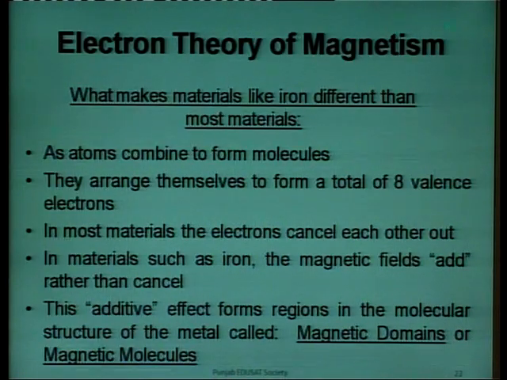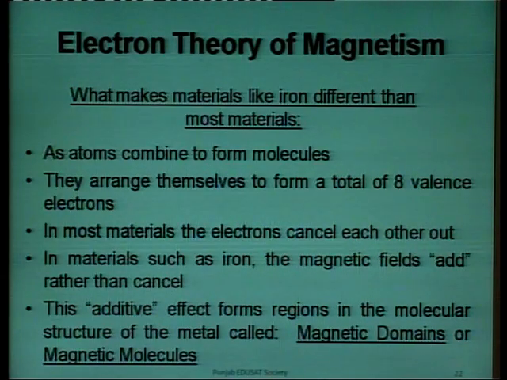Then again, as atoms combine to form molecules, they arrange themselves to form a total of 8 valence electrons. In most materials, the electrons cancel each other out. In materials such as iron, the magnetic fields add rather than cancel.